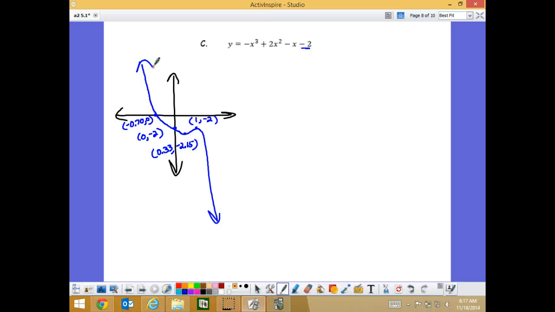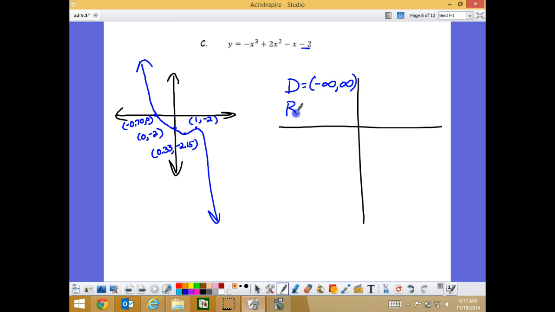Now we're ready to analyze this function with those 4 pieces. The first piece is domain and range. Domain from left to right is -infinity to infinity. And the range from bottom to top is -infinity to infinity. And then relative mins, relative maxes.